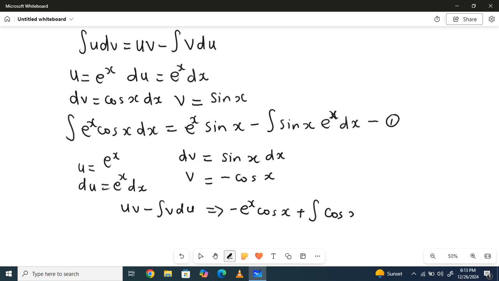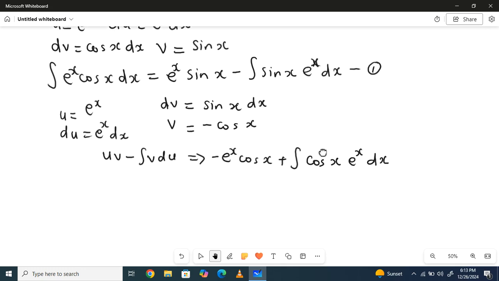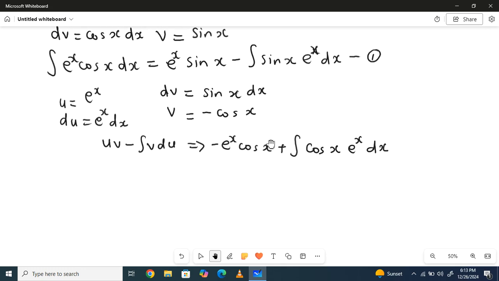Our v is cos x, du is e^x dx. We have to substitute the value we have here into our equation 1 so that we can finish solving it.